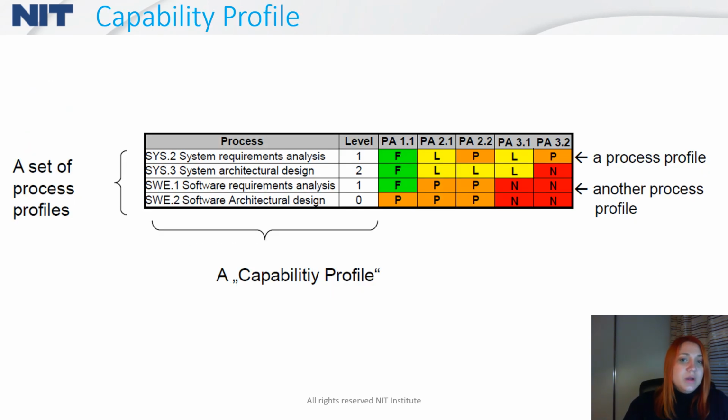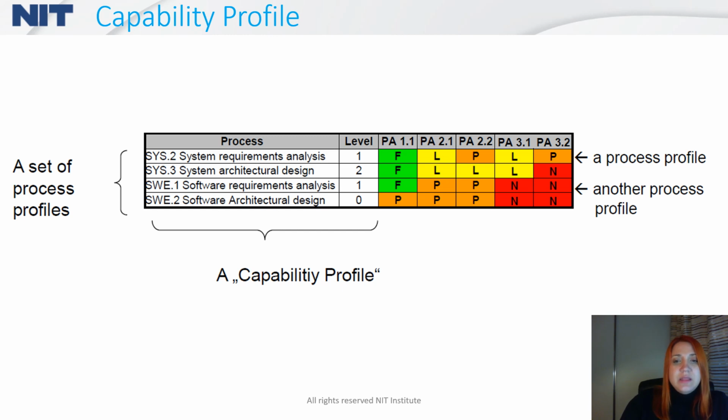Let's now check what is that capability profile that I mentioned several times. For example, you have the set of processes which are part of the scope of the assessment, which are chosen to be under the assessment. Sometimes these are the processes which are part of the VDA scope. Sometimes they're chosen by the auditor or your customer.